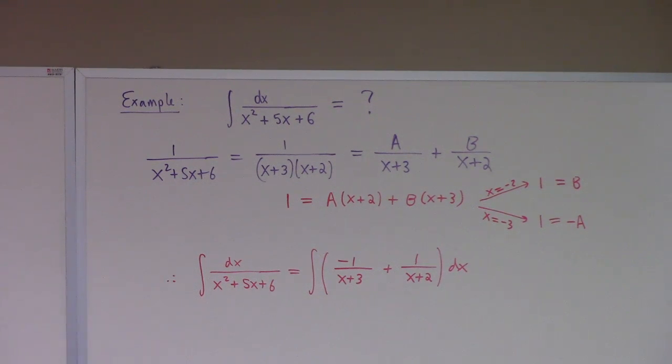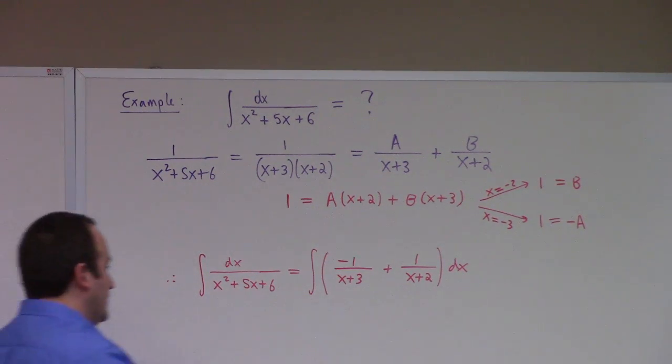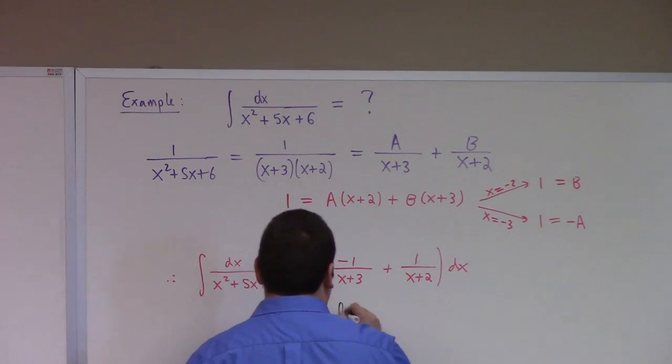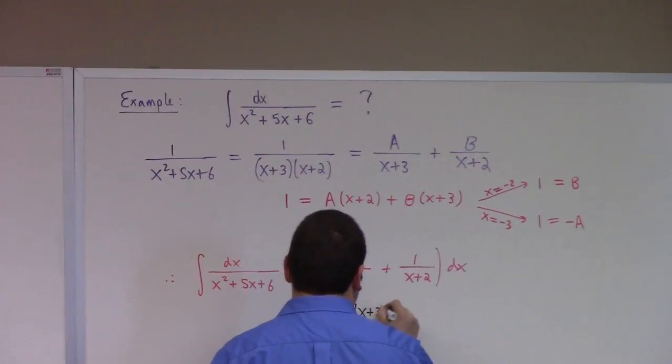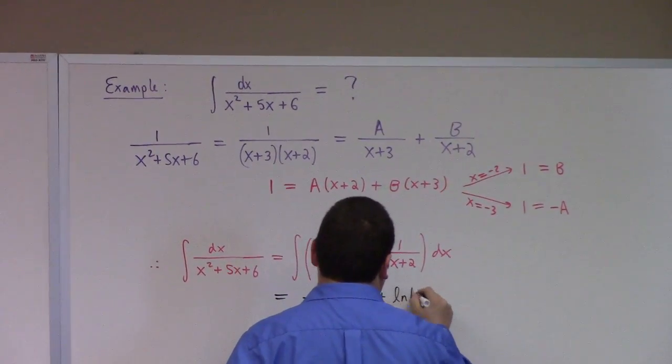But those are integrals I can solve with a kind of trivial u substitution, right? I can use a u equals x plus 3 substitution, and I can use a u equals x plus 2 substitution to get natural logs there. So the answer is simply minus the natural log of the absolute value of x plus 3 plus the natural log of the absolute value of x plus 2.